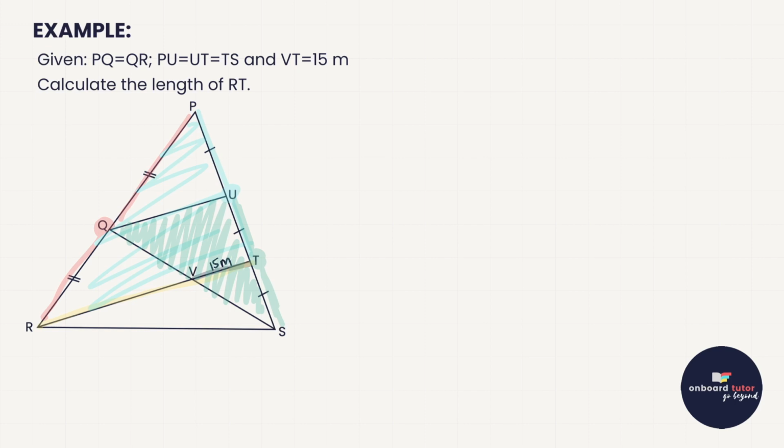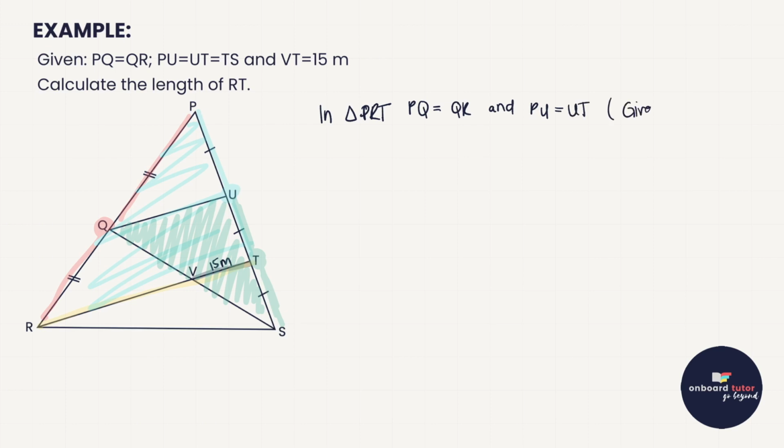In the blue triangle, so we're going to tell our marker that we are working in triangle PRT. PRT is our first blue triangle. We are given the fact that PQ is equal to QR and PU is equal to UT.